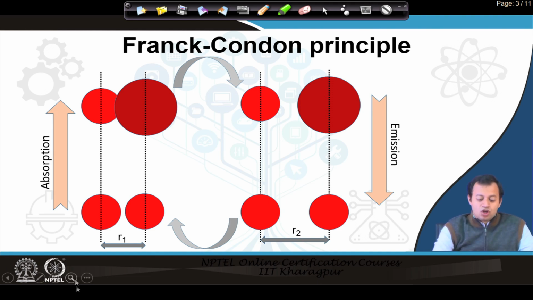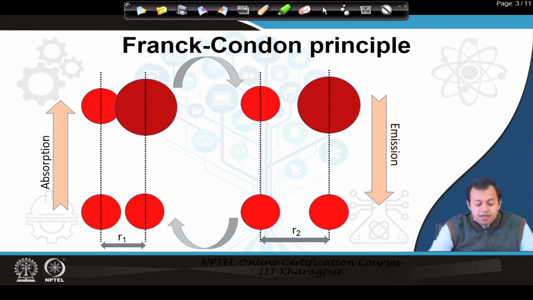Different molecules will have different R1 and R2, a different time it can stay at R1, a different time it takes to go to R2, a different time it takes from R2 to relax back to R1. These are the characteristic features of individual molecules.